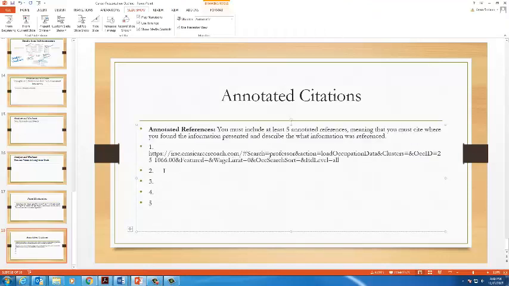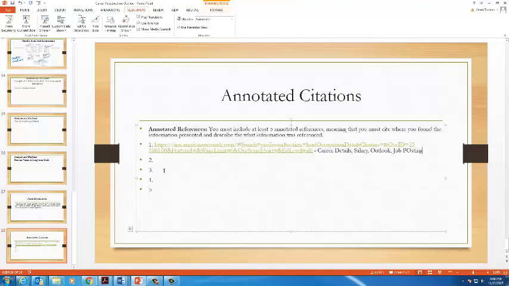And for the purpose of your annotation, I just want you to tell me what you got from that site. So I got my career details, salary, outlook, and my job posting. Okay, whoops. And that would suffice for your annotation for the purpose of this project.